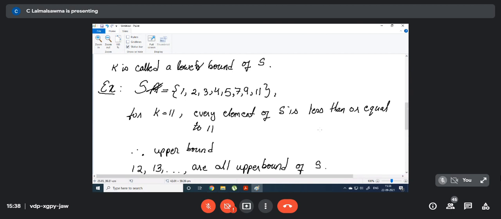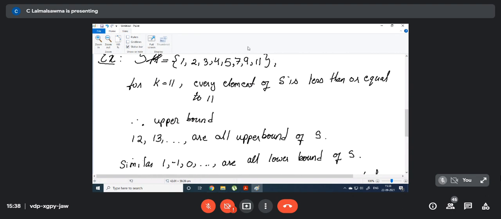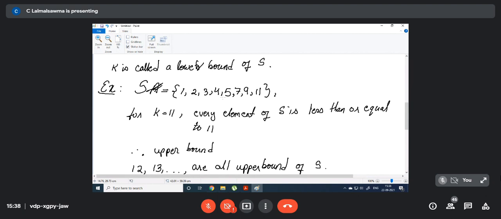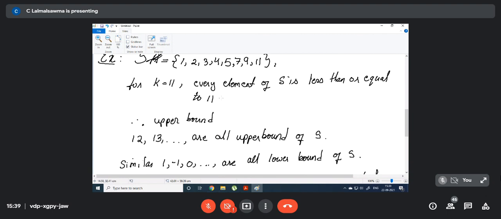So let's look at the first example. We have the set 1, 2, 3, 4, 5, 7, 9, 11. It has upper bounds, which are 11, 12, 13, and go on. If the set of all these upper bounds has a smallest member, in this case, among the upper bounds, 11 is the smallest member. In this case, 11 is called the least upper bound, or supremum.